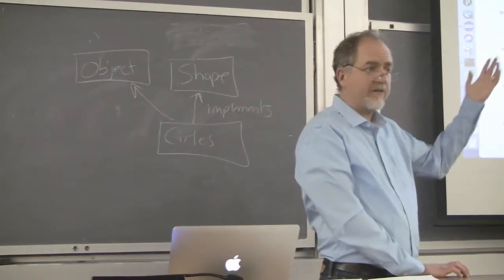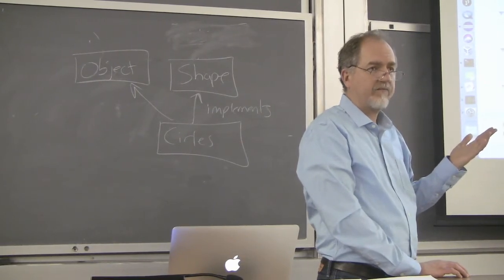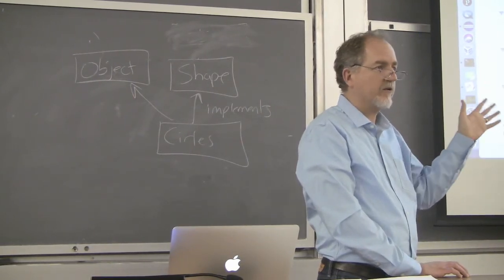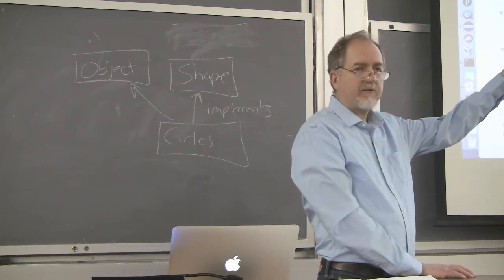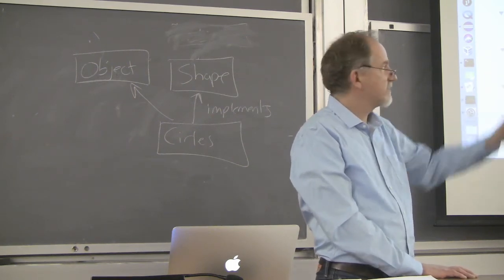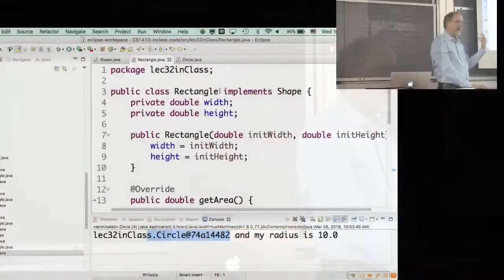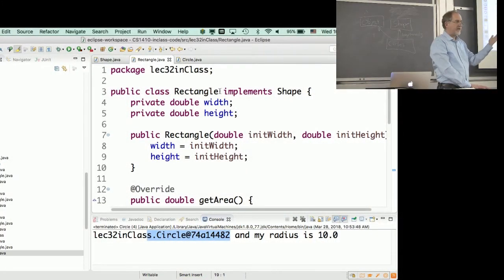You can only extend from one other class. All right? You can only pick one to be your superclass. You can implement a comma-separated sequence of interfaces. So I can implement Shape, comma, CollisionDetector, comma, Drawable, comma, Sprite, comma, all these different things.